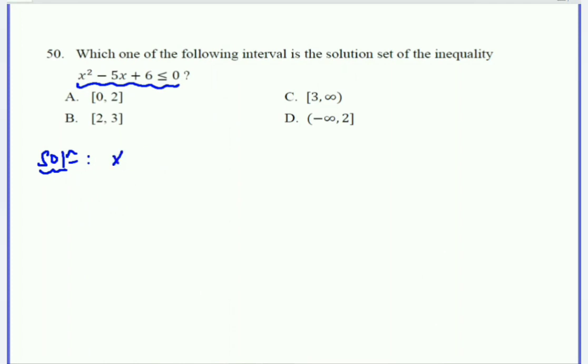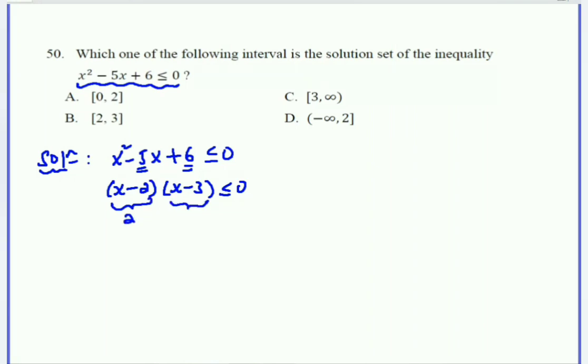To solve x squared minus 5x plus 6 less than or equal to 0, first we write the factorized form, which is (x minus 2)(x minus 3). Why? The two numbers whose sum is minus 5 and whose product is positive 6 are minus 2 and minus 3. So the roots are positive 2 and positive 3.